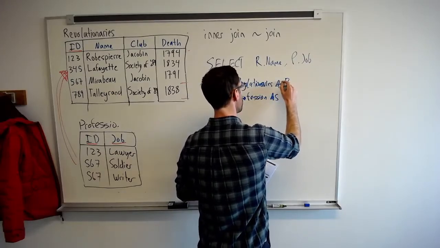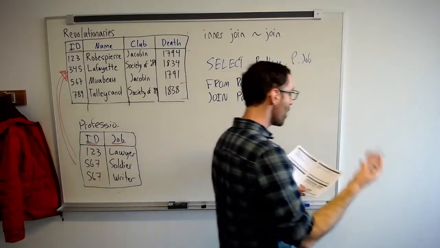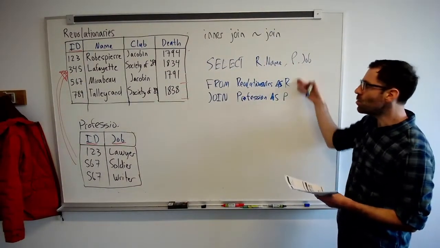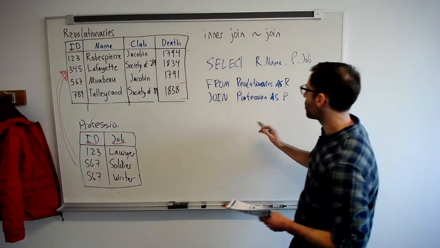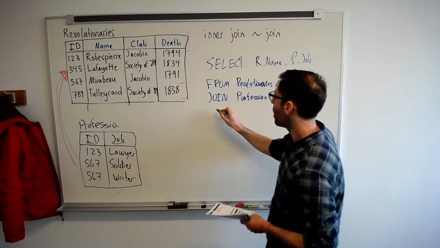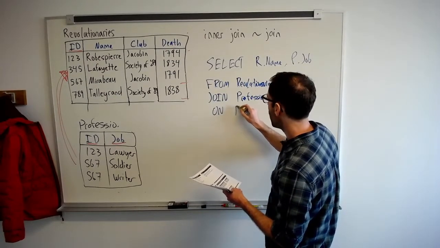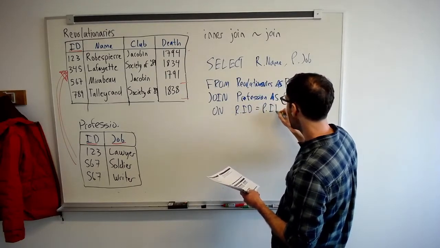profession as P, and I now have to tell SQL what it is that I am using to join these two tables together. And so this is where I would say I'm going to join them on R.ID equals P.ID.